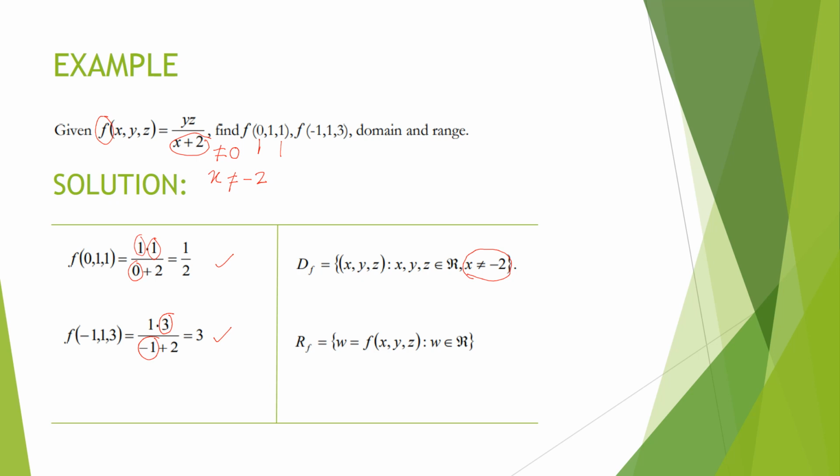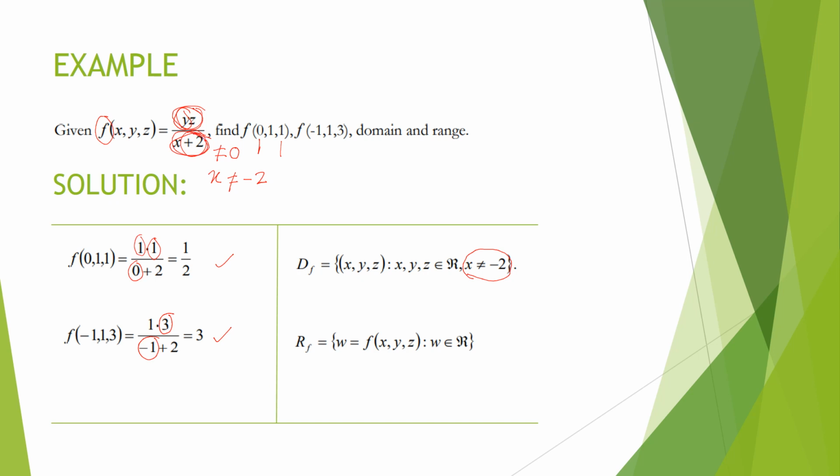Next, what is our range? We can think globally here about what the value of f should be. For sure, f can be 0 whenever your y equals 0. Also, a positive value is possible when your yz is positive and your x plus 2 is positive.